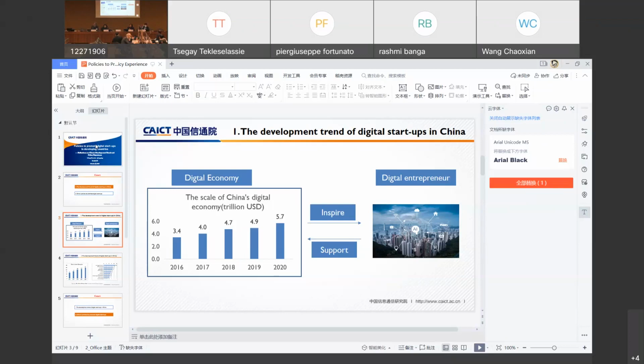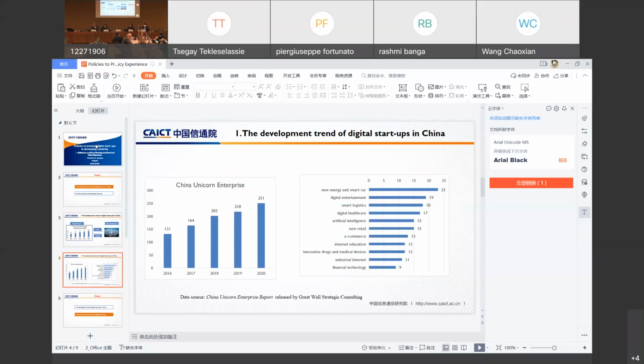According to the China Unicorn Enterprise Report, released by Great Wall Strategy Consultants, a subsidiary of the Ministry of Science and Technology of the People's Republic of China, the number of unicorns in China has reached 251 in 2020, with more than 85% from the digital economy and the rest from innovative drugs, medical devices, and new energy.